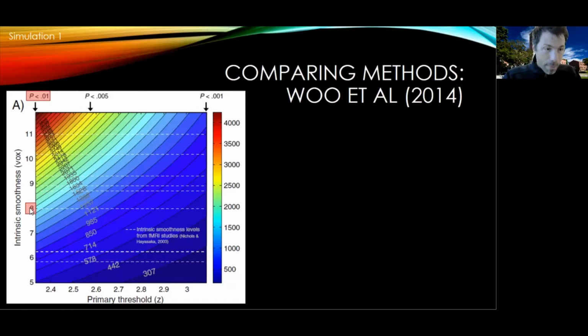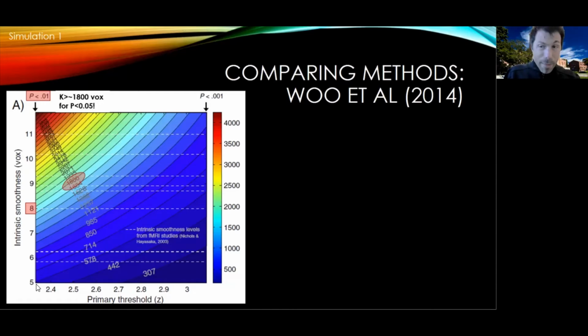If we have this amount of smoothness and we use exactly 2.3 right here, the size of the cluster that we'd expect, you can read it out if you keep going in this sort of cyan band. So if you keep going, we're somewhere here. So somewhere around 1800 voxels, or maybe a little less. So if you use a threshold of 2.3 to create the clusters, you would expect on average, for that amount of smoothness, clusters of just about 1800 voxels.